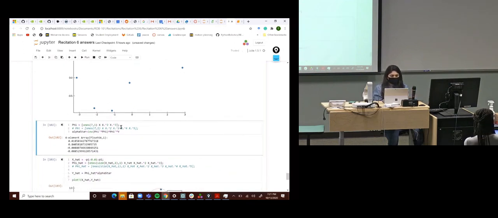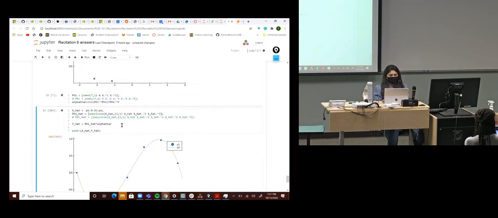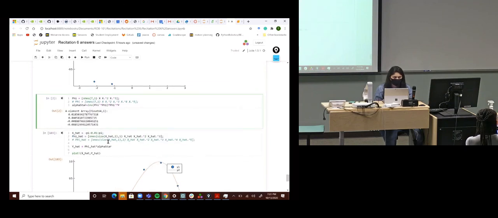So we have this. I define my phi to be this, with unknown weights, and we're trying to find out the weight matrix of phi. Yep. So these are the different coefficients.